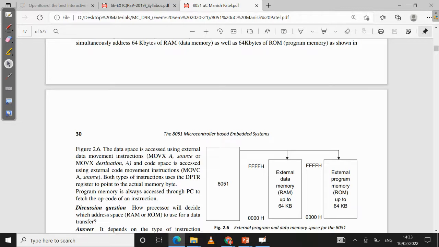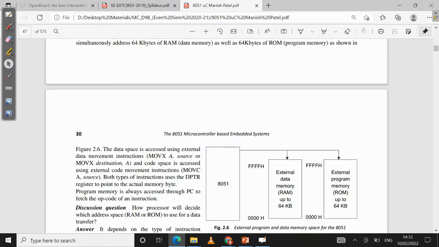Program counter PC, are you there? ROM. Yes, it is associated with ROM.